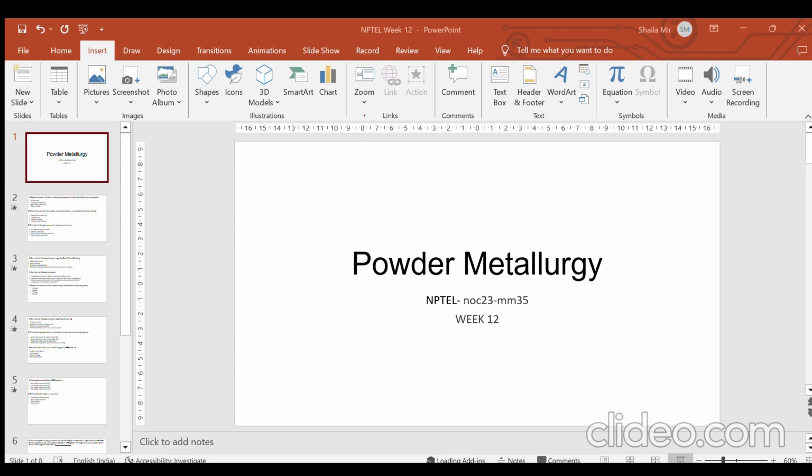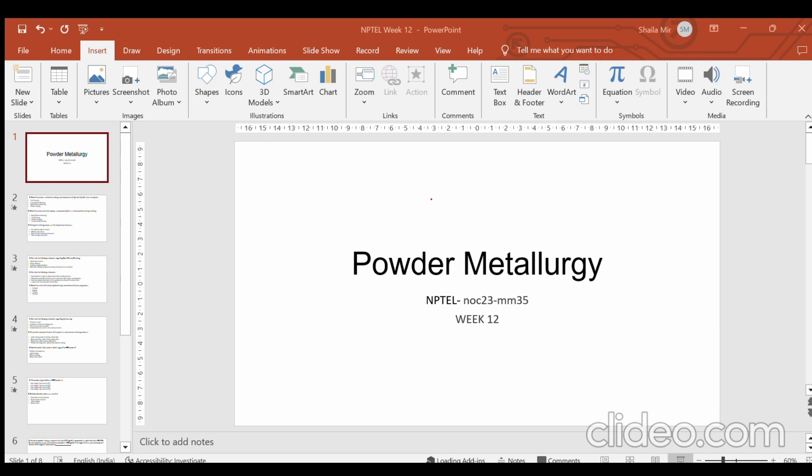So if we are restricting the grain growth, we are able to produce nano sized grains.